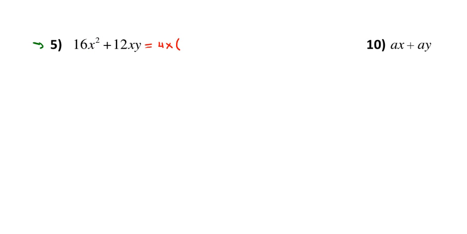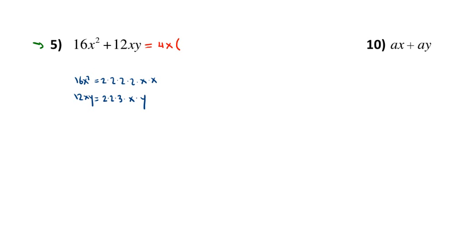Or you could break down this and find out. So that is going to be 16x squared. That is 2 times 2 times 2 times 2, that's 16, times x times x. 12xy is 2 times 2 times 3 and times x and times y.